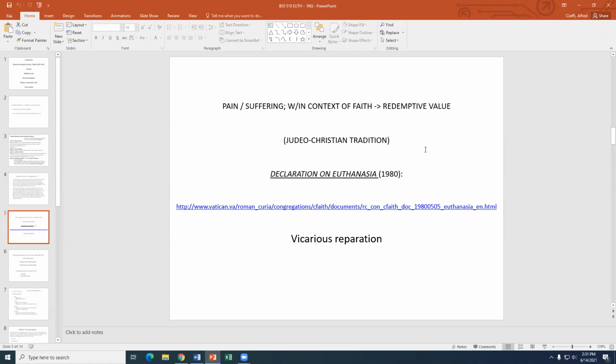In other words, it has a value of purification, and we use analogies like, just like metal is purified with fire, right? That burns out the dross and purifies the actual element. Similarly, by analogy, pain and suffering has the capacity to purify us spiritually, right?